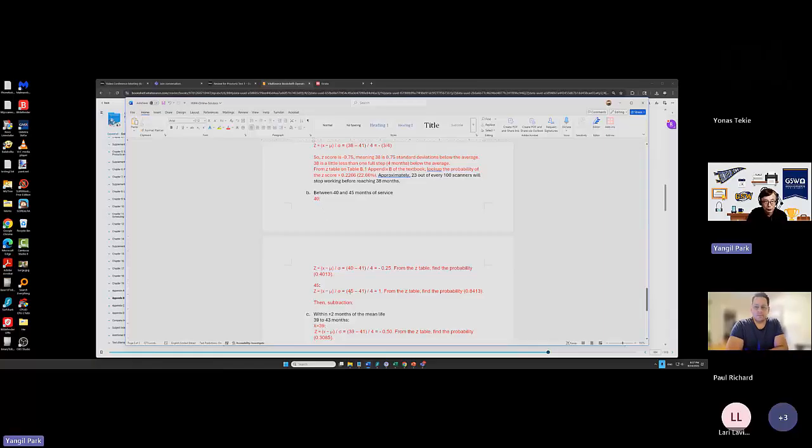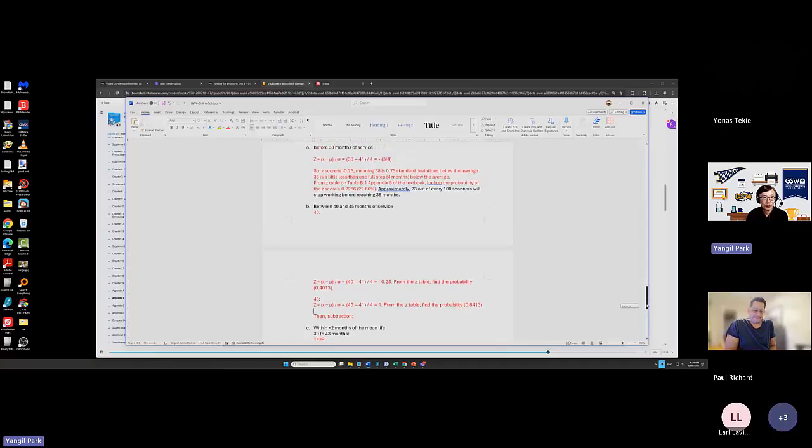From 40 to 45, that would be 84% minus 40%, approximately 44%. So 44 out of every 100 scanners will stop working between 40 and 45 months.